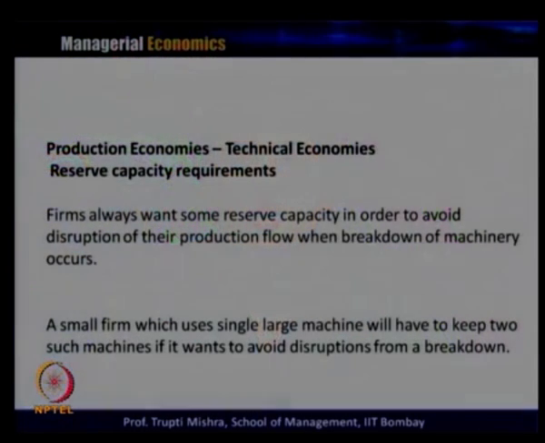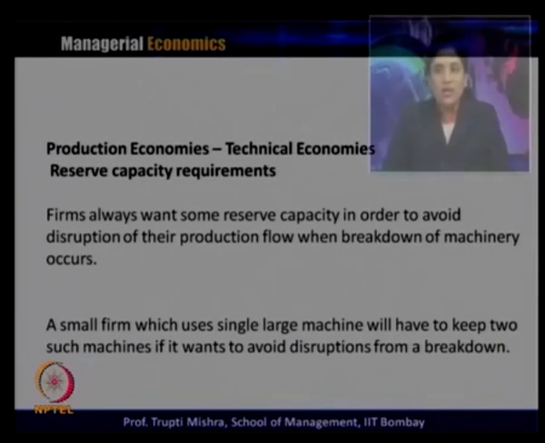Then we will come to the last factor under the technical economy, and this is the reserve capacity requirement. So, firms always want some reserve capacity in order to avoid the disruption of their production flow when breakdown of machinery occurs. Now, what is the need of this reserve capacity requirement?